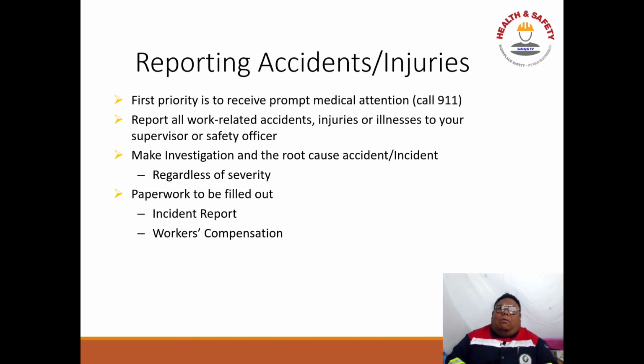Now, the important thing there, guys, is the involved party must be there to share the correct information, the correct facts, to have the proper root cause analysis and to develop control measures ensuring that this kind of event, accident, will not be repeated in the same scenario.